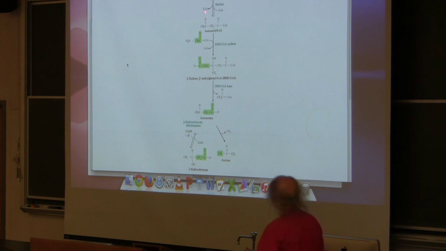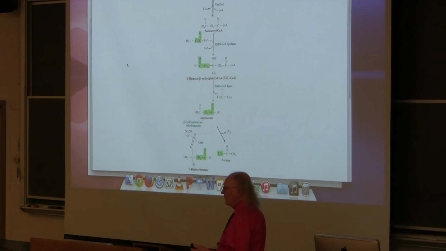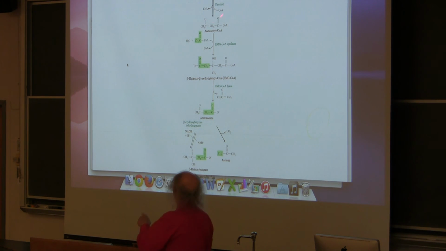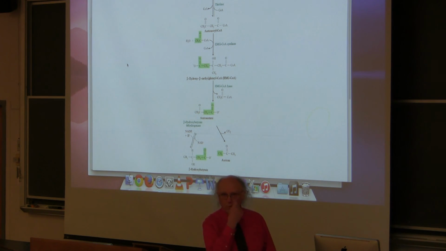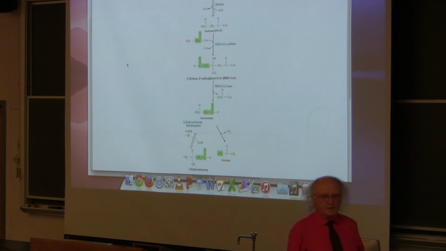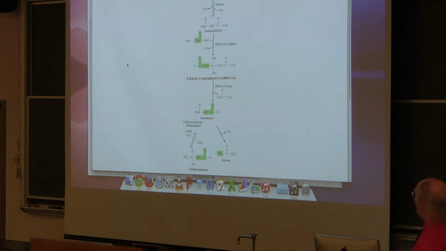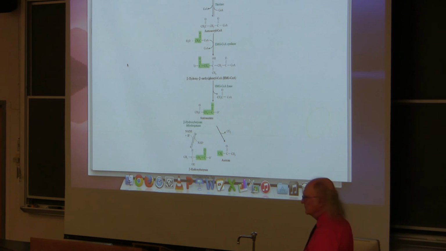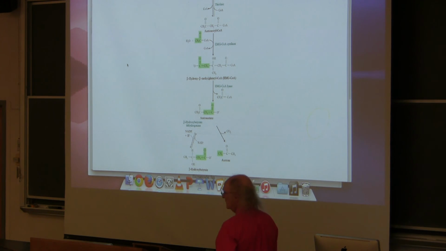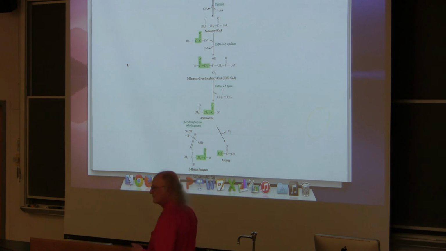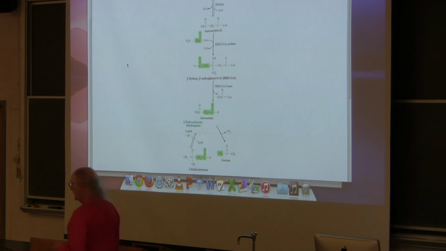So what happens? Here's two acetyl-CoA molecules. Two acetyl-CoA molecules are joined together to make a 4-carbon molecule, acetoacetyl-CoA. 2 carbons to 4 carbons. We add another acetyl-CoA, and now we've got 6 carbons. We're getting to the ketone bodies.